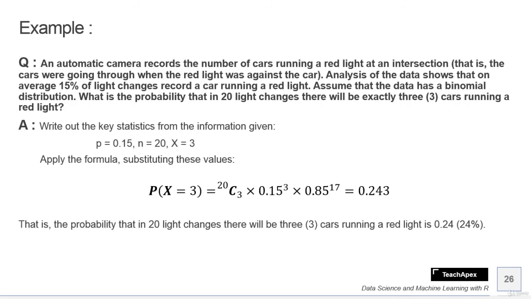Then we apply the formula and put in the values, and we get that the probability that in 20 light changes there will be 3 cars running a red light is 0.24, or approximately 24%. So this is how the probability can be calculated using the binomial distribution formula, and you can learn from this example how to calculate it.